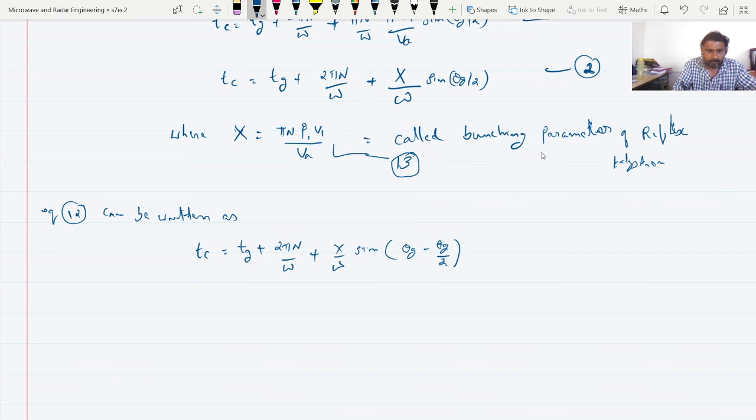Theta g is nothing but omega into Tg, that is the gap angle.